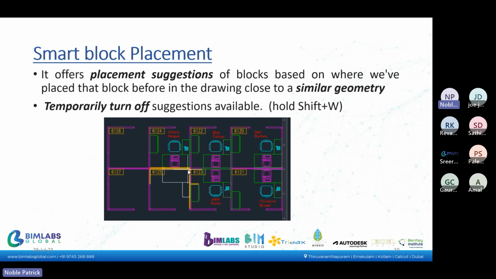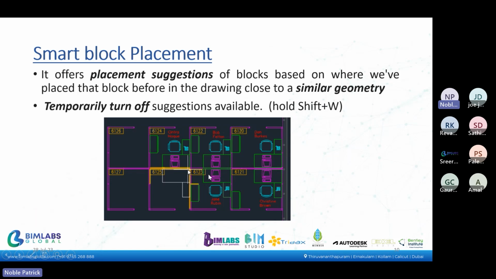As a new feature in AutoCAD 2024, they have introduced automatic placement of the blocks so that an immense amount of time can be saved. While we have to place the table in the next room or next position, as an example, it will automatically provide the data from the previous selection of this block.